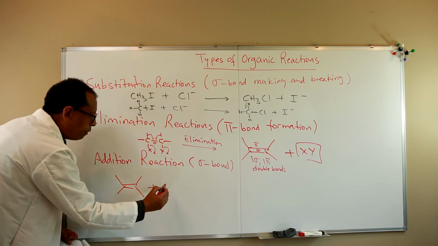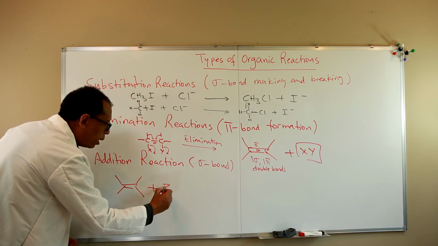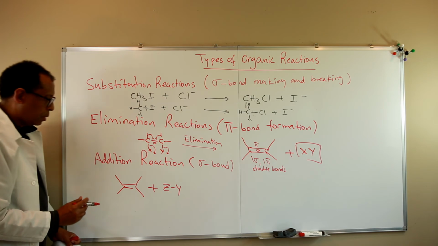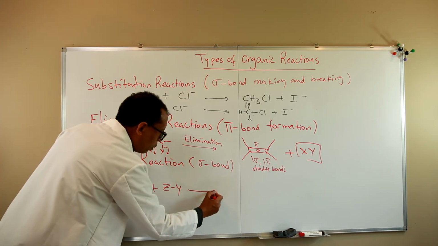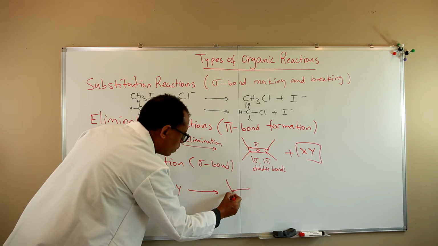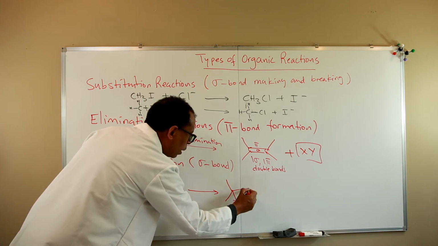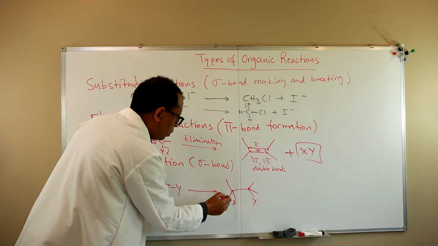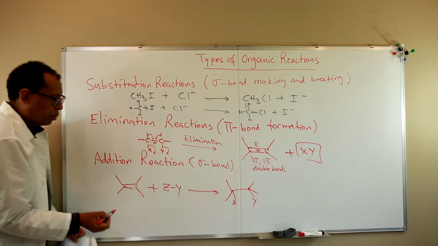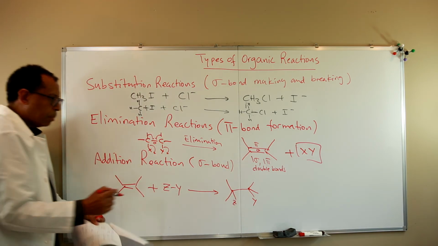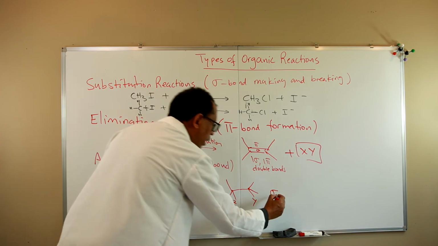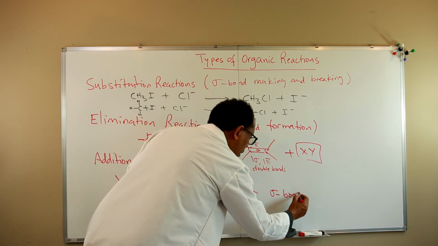For example, if I am adding Z and Y atoms, the product would be ZY. These are the addition products, so you are forming sigma bonds.